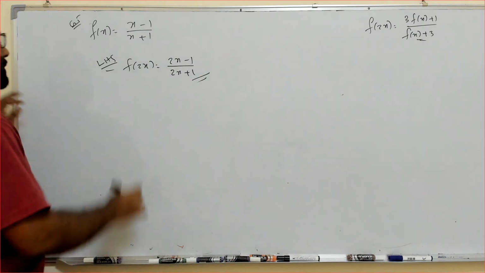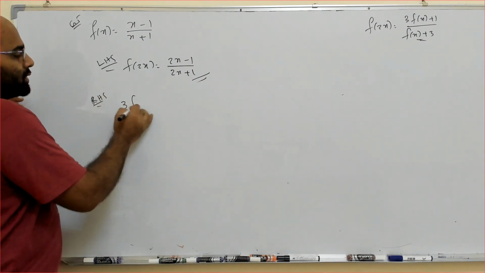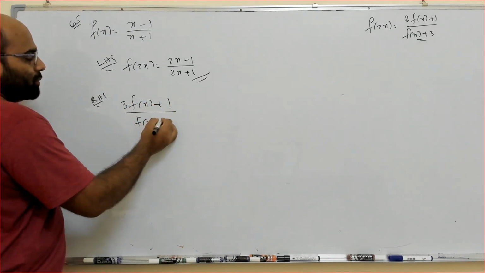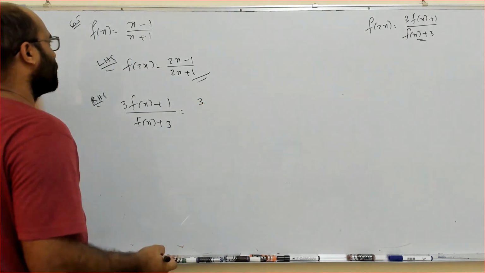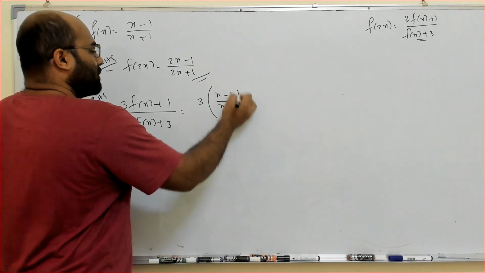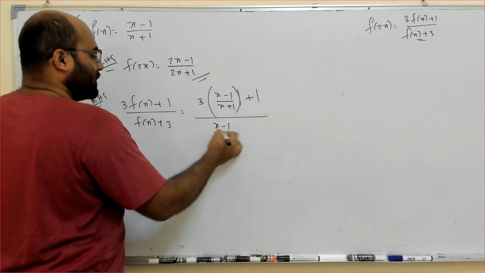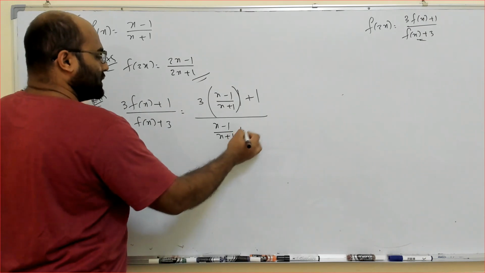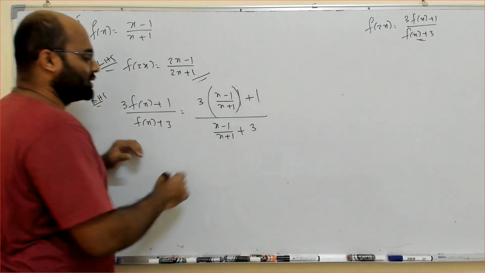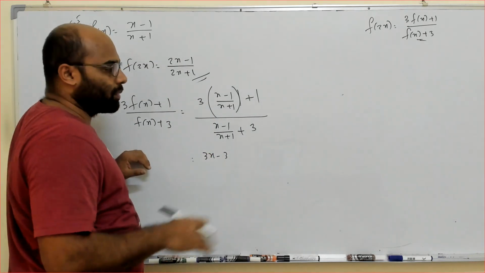Now the RHS part, we can start actually from the RHS part. 3 into f of x plus 1 by f of x plus 3 equal to 3 into, what is f of x? x minus 1 by x plus 1 plus 1 divided by x minus 1 by x plus 1 plus 3. Now you know how to do the procedure. You can carry on. 3x minus 3, again and repeatedly, you write and practice this one.